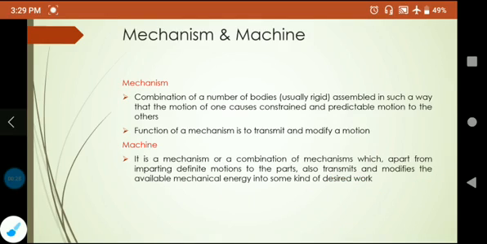As we have seen, slider crank is a type of mechanism, and if we can combine the slider crank mechanism with other mechanisms like valve mechanism, we can convert the energy obtained from the motion of the slider to the rotational motion of the crank, which in turn will help in moving the vehicle.